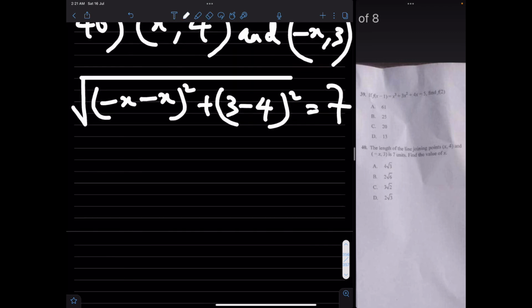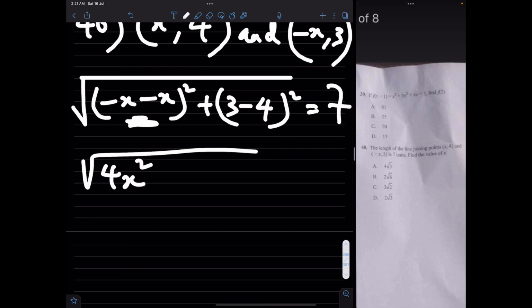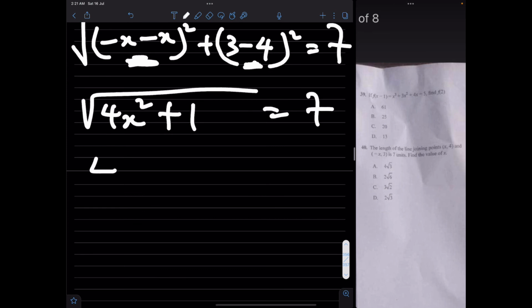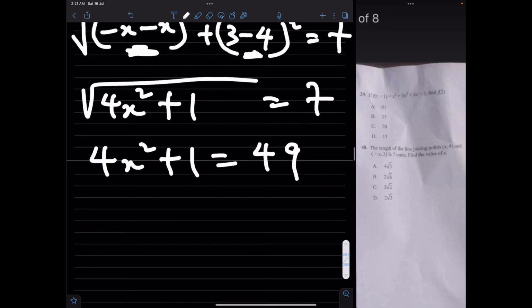So this simply means the square root of minus x minus x is minus 2x. The square of minus 2x is 4x squared. 3 minus 4 is minus 1, and the square of minus 1 is plus 1. So the square root of 4x squared plus 1 is equal to 7. If we square both sides, I get 4x squared plus 1 equals 49.